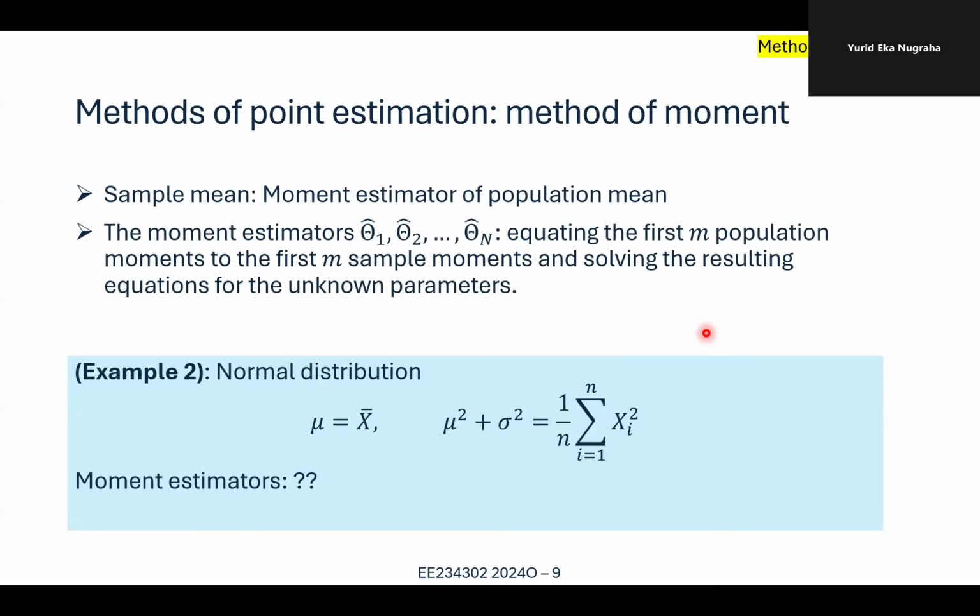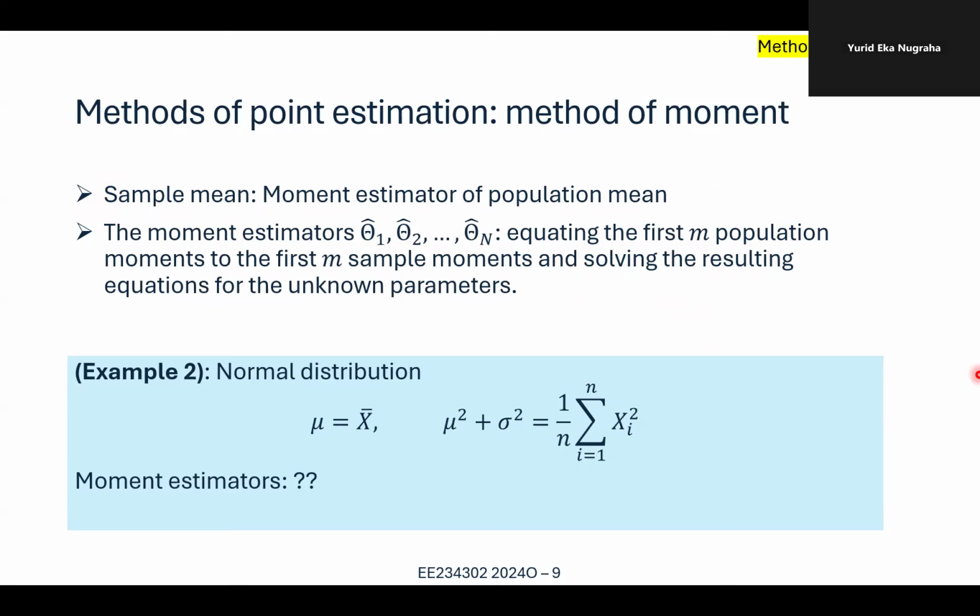The moment estimators theta hat are obtained by equating the first m population moments to the first m sample moments and solving the resulting equations for the unknown parameters. The sample mean is the moment estimator of the population mean.